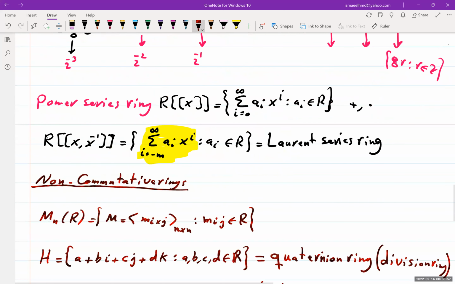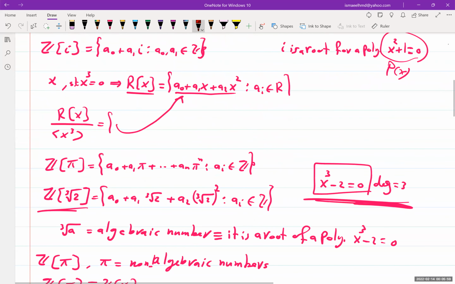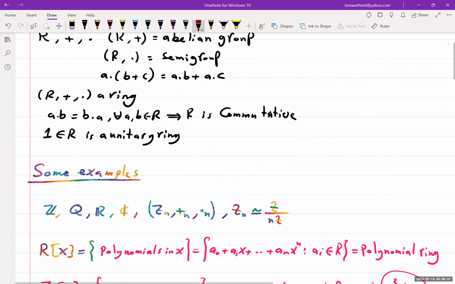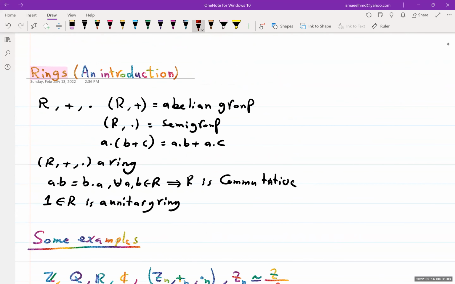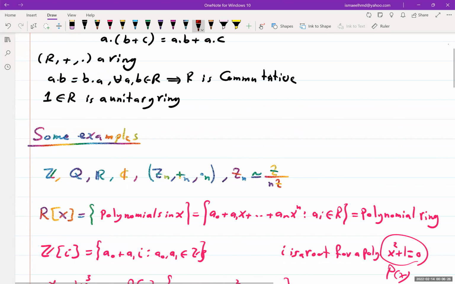As we said in the definition of ring, if R with dot is not just a semigroup but an abelian group, then the ring R is called a field. But if R with dot is a semigroup, it's called a ring, just a ring.